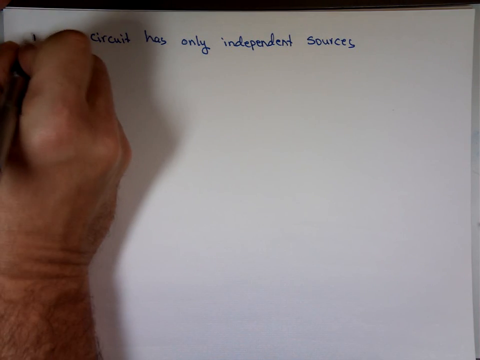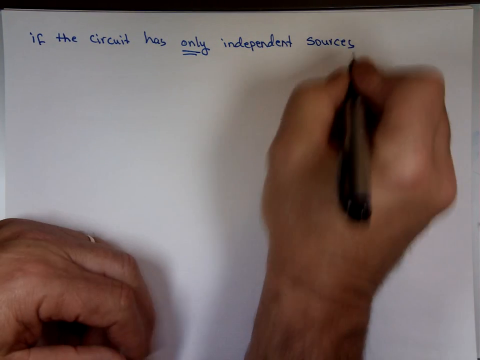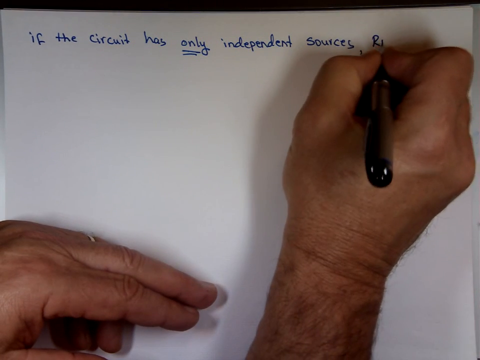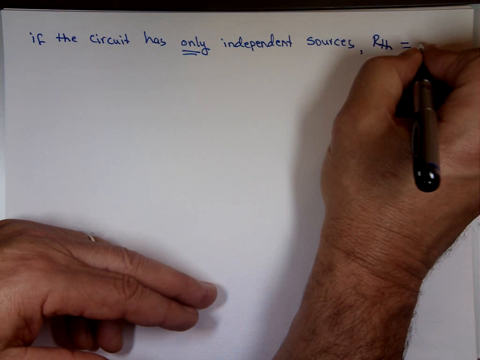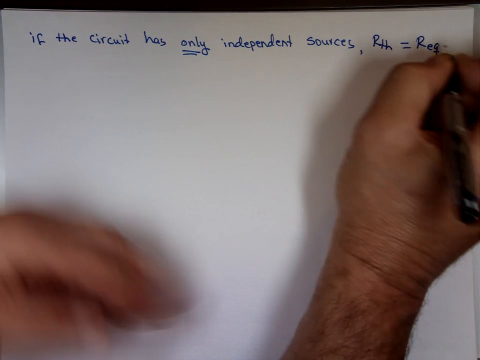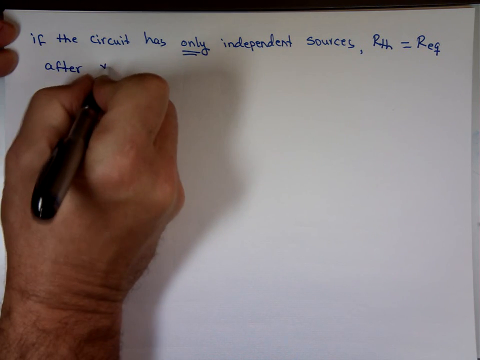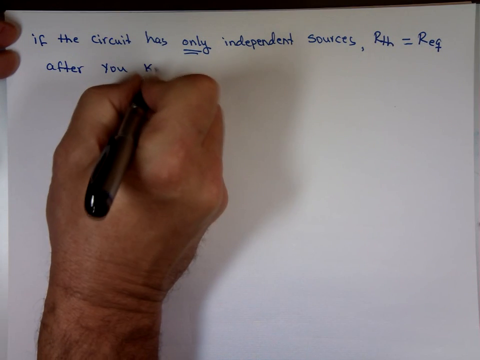If the circuit has only independent sources, only, R Thevenin is equal to R equivalent after you kill all the sources.